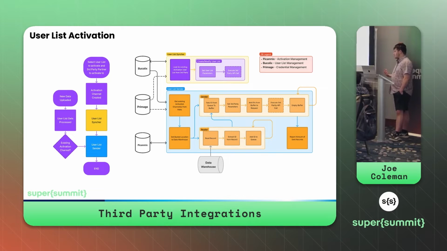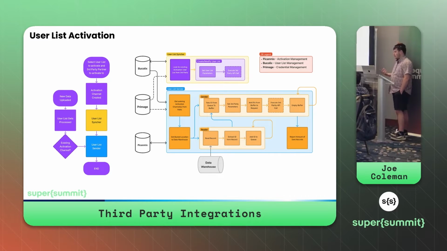It manages user list activation channels on our side and makes sure that they're represented on the third-party API side. That means looking to see if the user list is up on that platform, just by making a query.